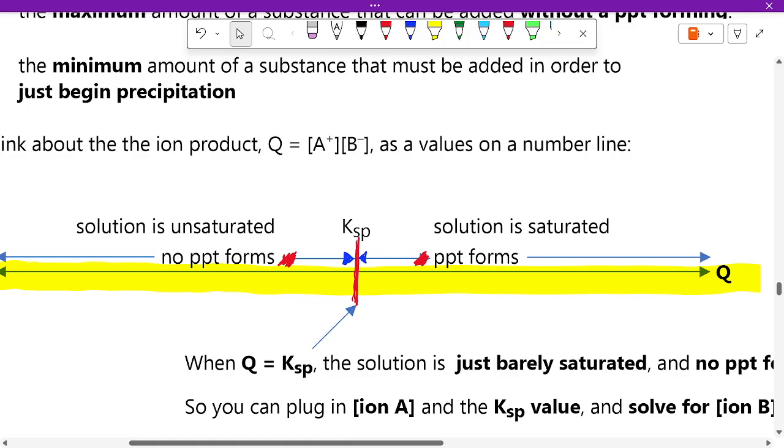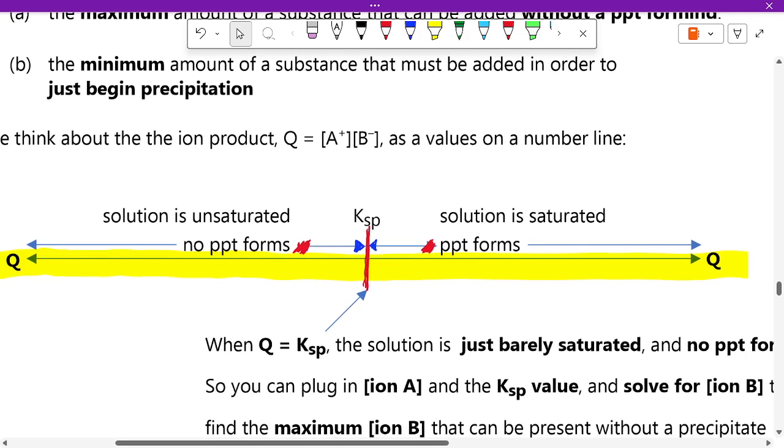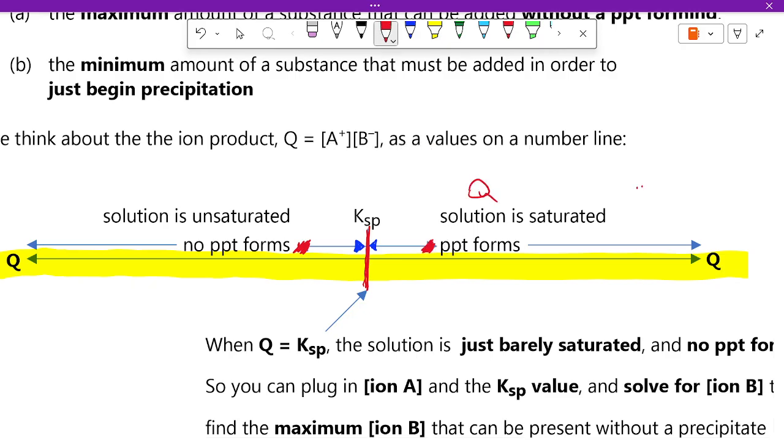So if we go over the KSP, if Q is bigger than KSP, the solution is saturated and a precipitate forms. If Q is less than KSP, the solution is unsaturated and no precipitate forms.